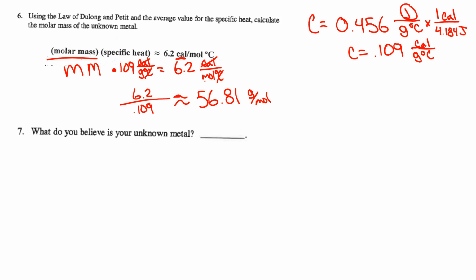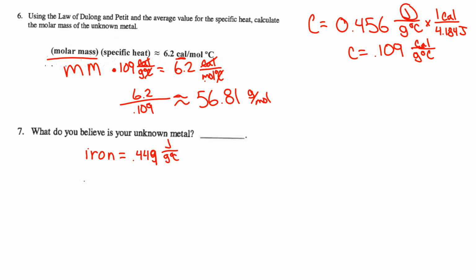When I look up my periodic reference table for specific heat, I find that iron's specific heat is relatively close. So I found out that iron had a specific heat of 0.449 joules per gram degree Celsius.